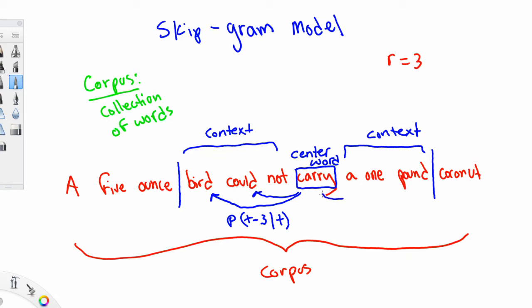And over here, the probability of the second word on the right side of our window occurring is going to be defined by the probability of T plus 2. So that's this word. We don't know what it is, but the probability of, say, 1 occurring given our center word at index T. So that's the goal of skipgram, is to define a probability distribution that contains the probability of every word in our window occurring given a center word.